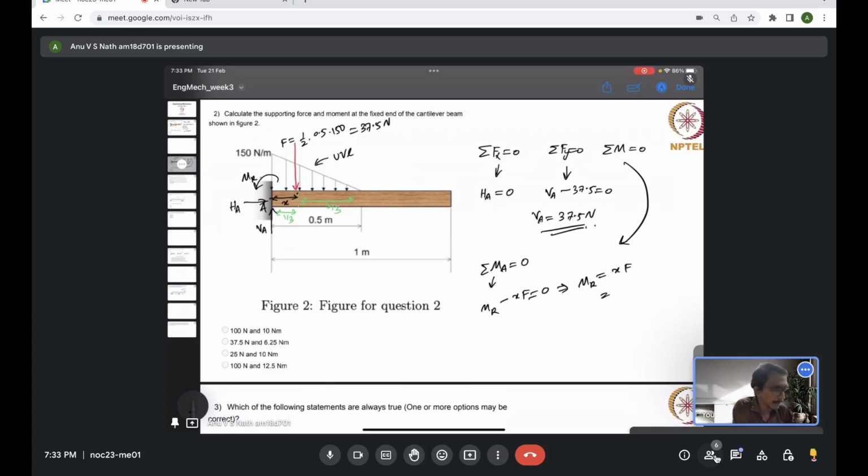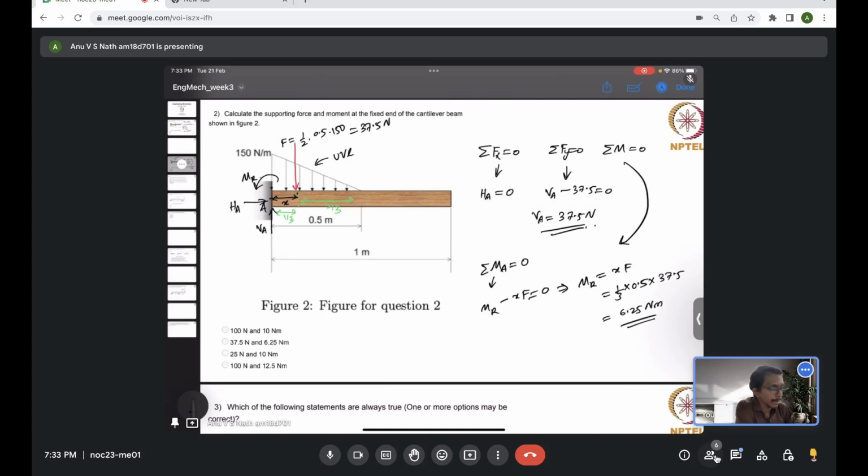So x is basically 1/3 of the base, which is 0.5, times the force, which is 37.5. Let me evaluate it. It is 6.25 Newton meter.